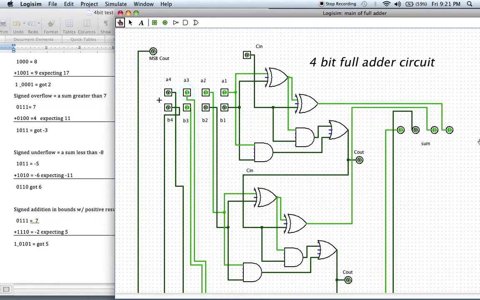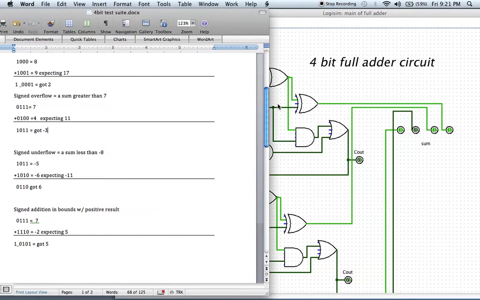Okay, and there's that. Over here you can see I got a 1 in the most significant bit place, indicating a negative number, which is incorrect. So that test checks out.